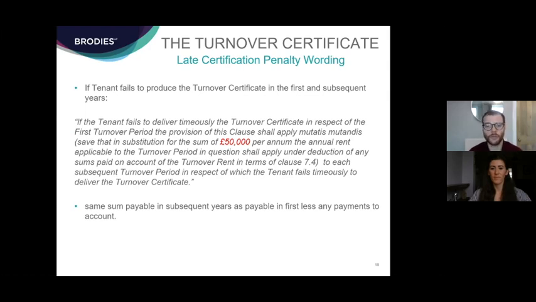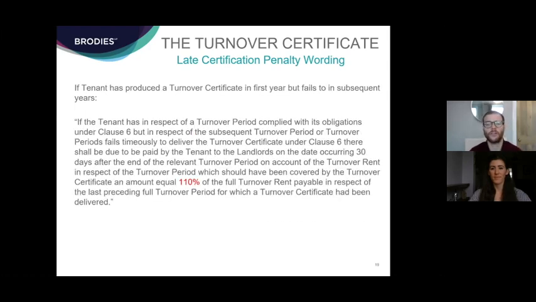And then finally, if we move on to the next slide, this is the scenario where the tenant has produced their turnover certificate in the first year, but then fails to do so in the next year. Again, I'll give you a little moment to have a look at that clause.